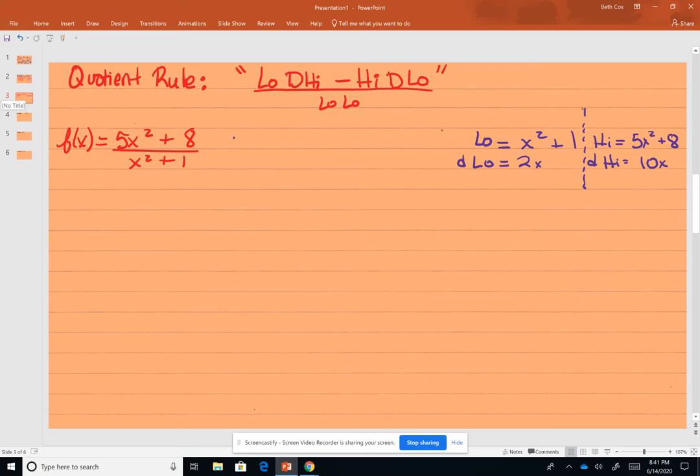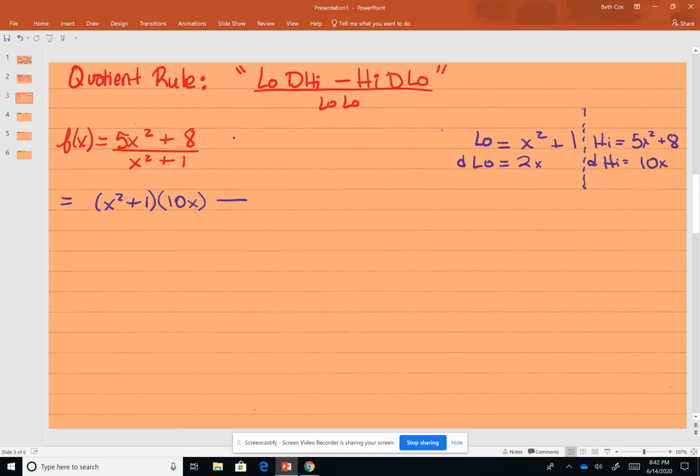Okay, so now we're going to do low-de high minus high-de low over low-low, and then we're going to simplify. So, the low function, x squared plus 1, times the derivative of the high function, which is 10x, minus, that's the big deal there. You know how negative signs are always getting in your way and you can't ever tell where they're at, and you always lose them, and it's always a sign issue when you feel like you got it wrong?